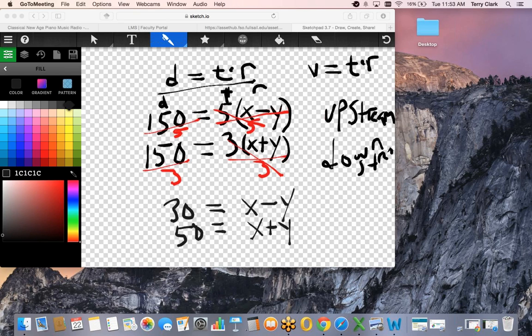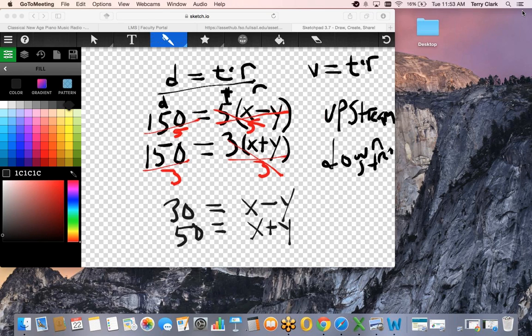Now, the elimination method is really elimination by addition versus elimination by substitution. But either one of these methods will eliminate one of the variables for you, whether you're adding or substituting.